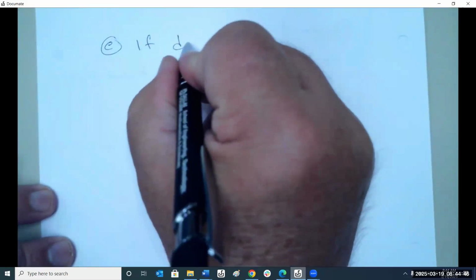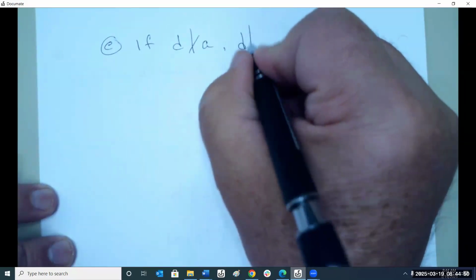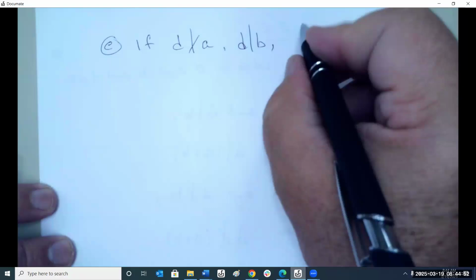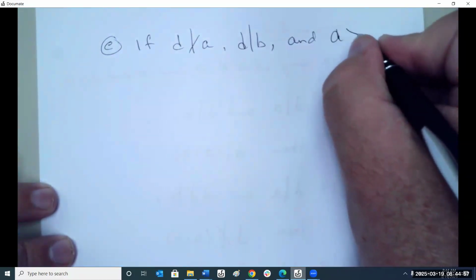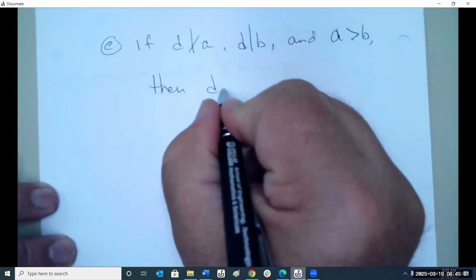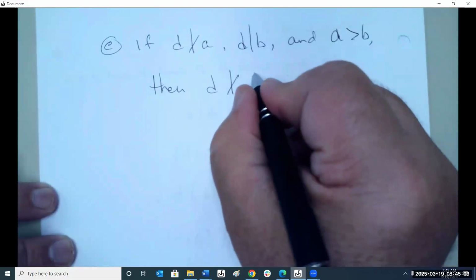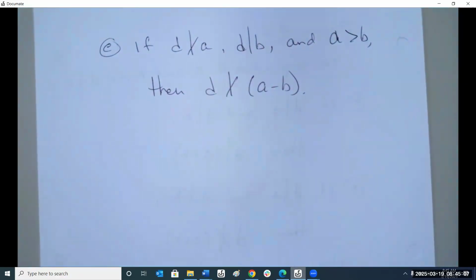If D is not a divisor of A, but D is a divisor of B, and A is bigger than B, then D is not a divisor of A minus B. Here's an example.